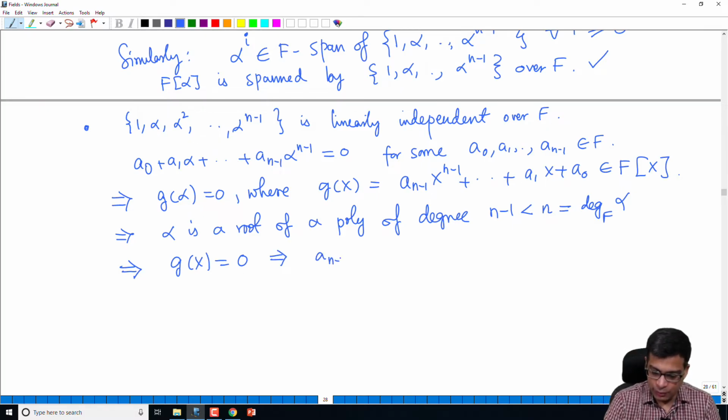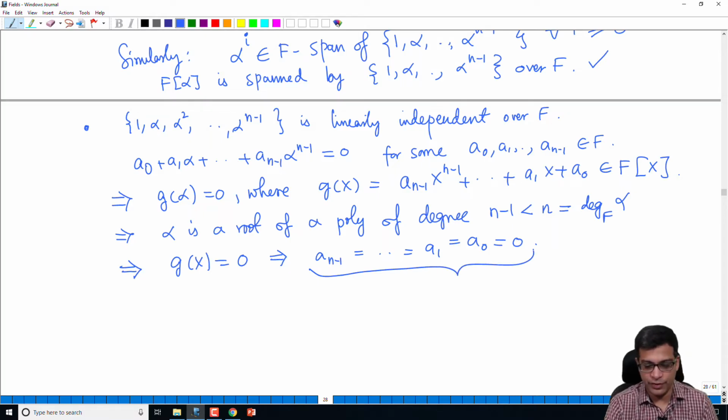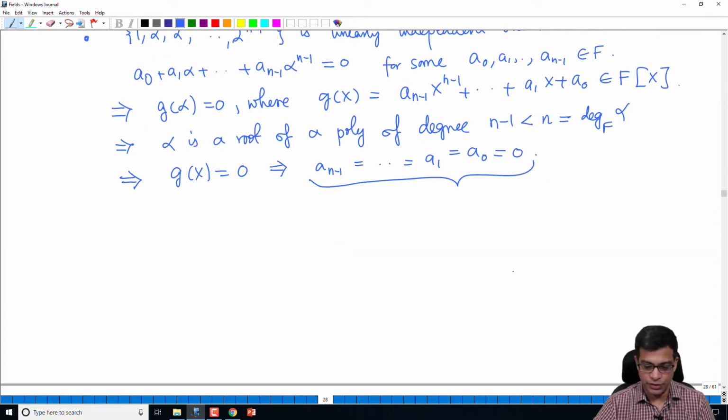But that means if a polynomial is 0, all its coefficients are 0. So this is what we wanted to show. We started with a linear dependence relation and showed that all the coefficients are 0.